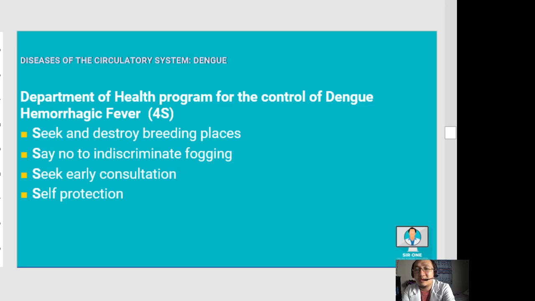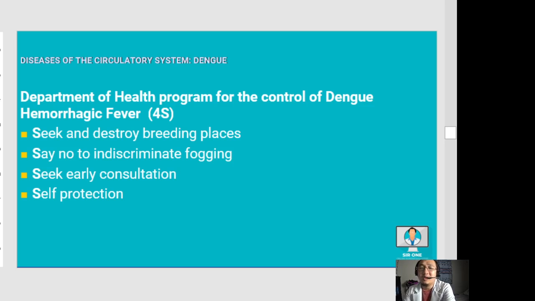It should be thought through very well. Then seek early consultation if you suspect that you or your family member have dengue, especially if it was led from factors related to dengue. Then seek early consultation. Then self-protection.